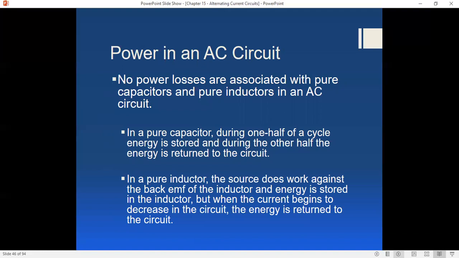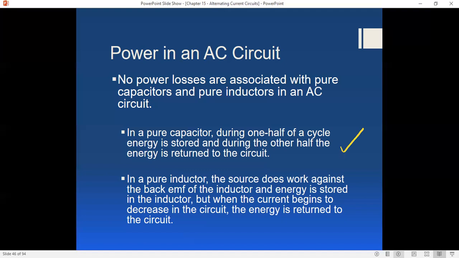Now, what we're going to find out is in a pure capacitive system that the energy that we put onto the capacitor is going to be equal to the energy that comes off the capacitor. So there's going to be a net flow of 0 power. We put as much power onto the capacitor as it's going to dump back into the system.